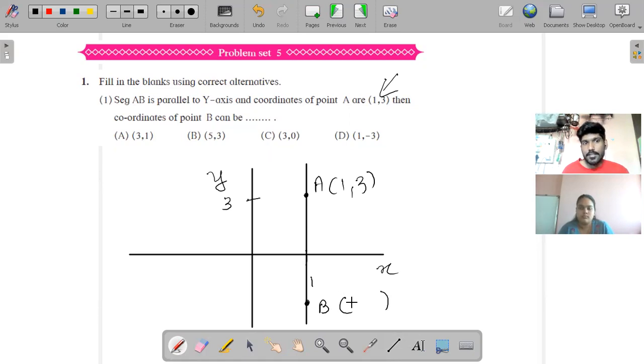What will be the x coordinate of point B? 1. We don't know what the y coordinate is, it can be anything. But in the options, there is only one which has 1 as the first coordinate, and that is option D. So D is the correct option. Did you understand now why D is the correct option? Okay, yes.